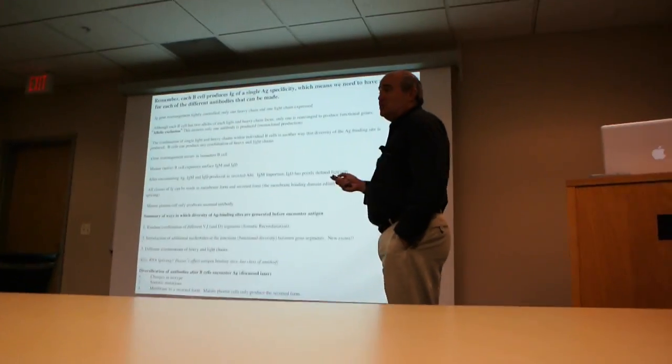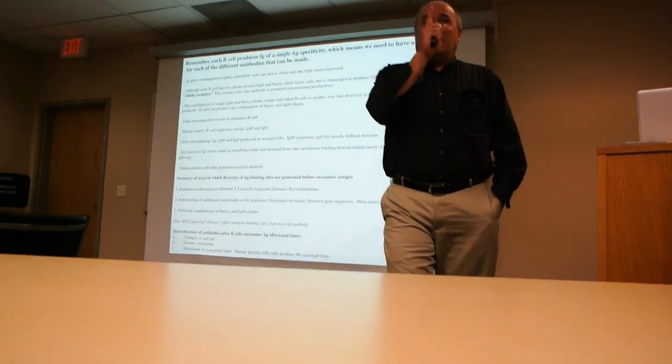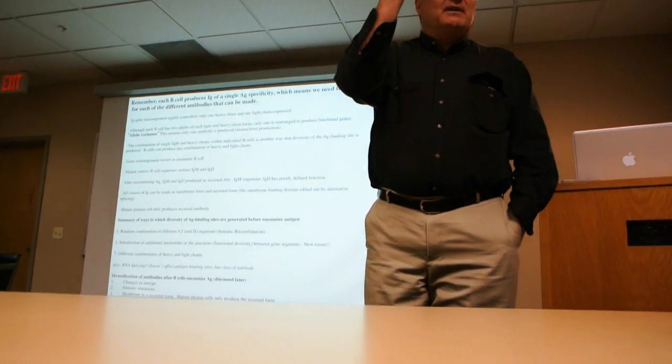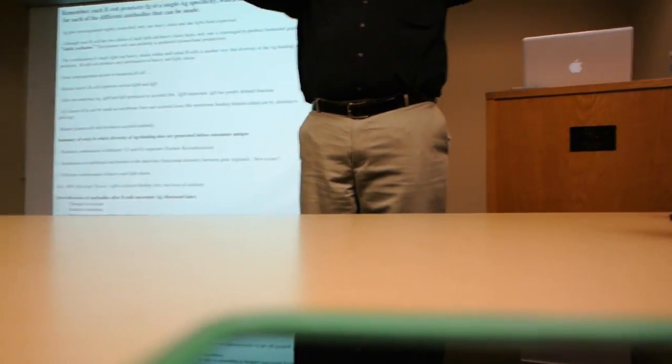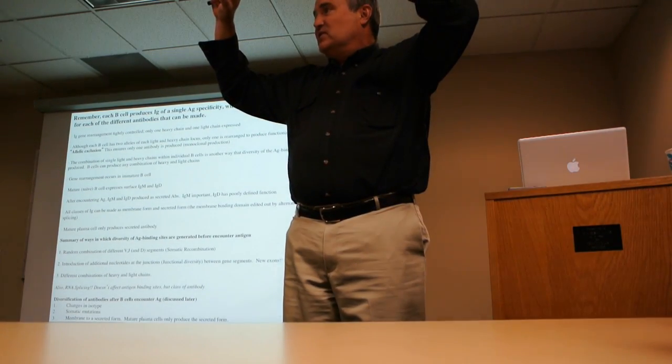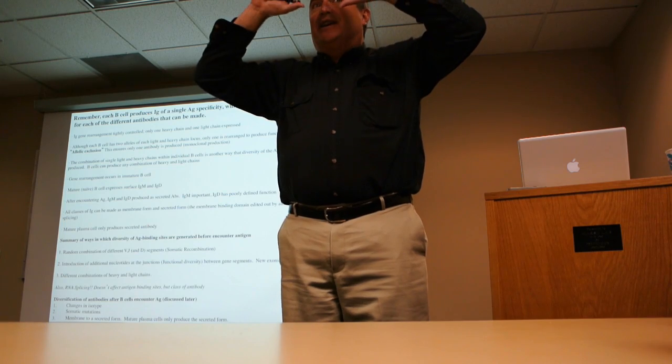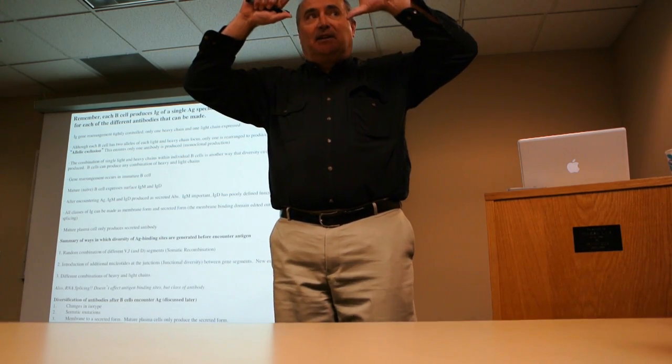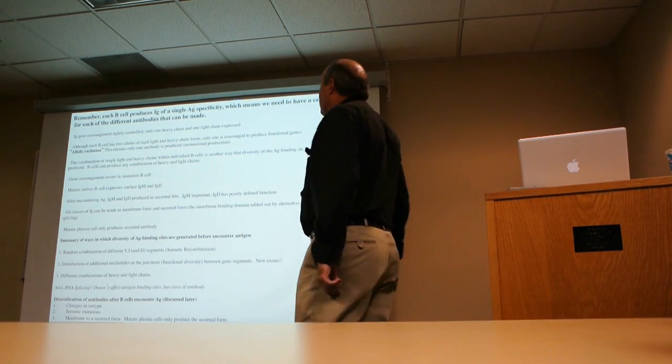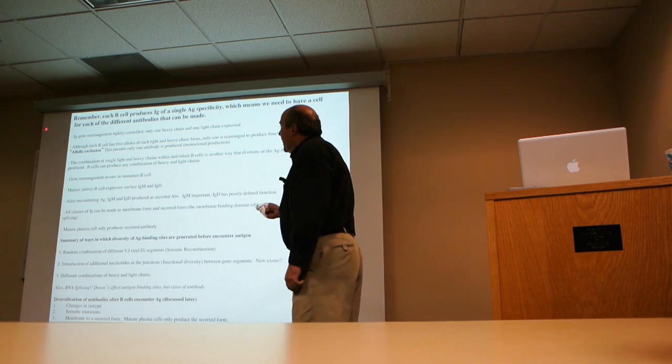This is a big issue here, that a B cell makes an antibody of a single specificity. So one cell is not producing multiple different antibodies of different binding specificities. They're producing a single antibody of a defined specificity.